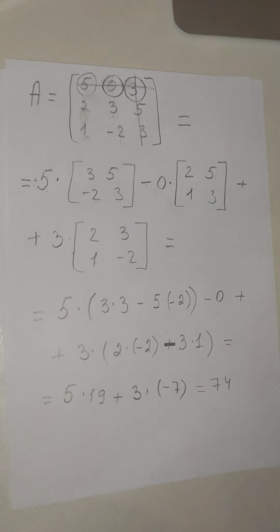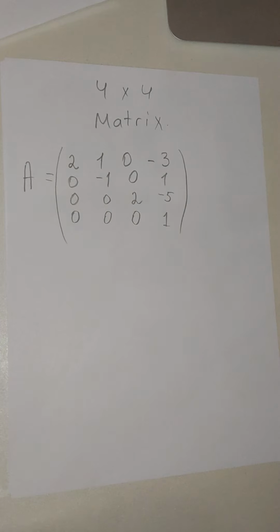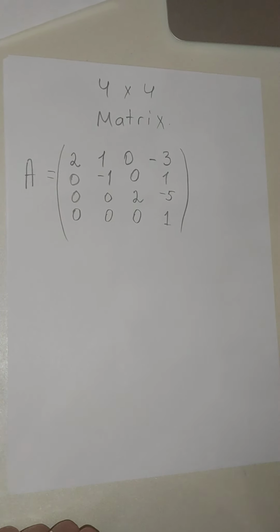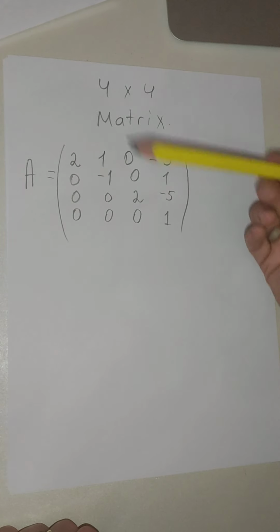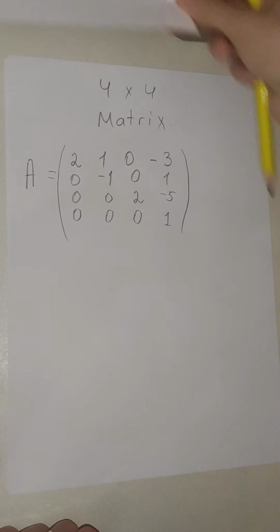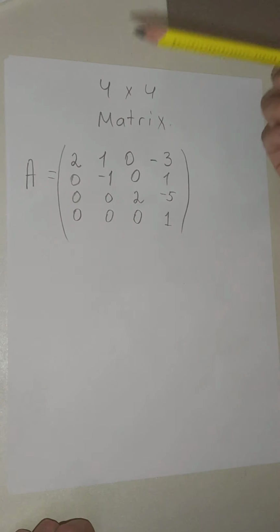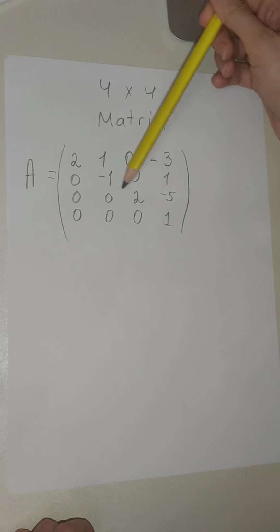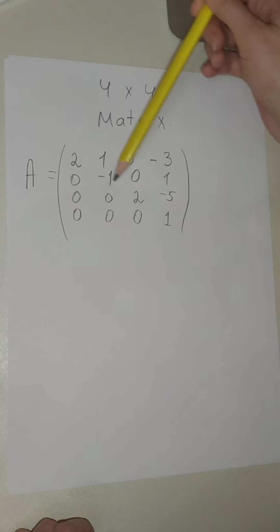But what about a 4 by 4 matrix? If we want to find the determinant of a 4 by 4 matrix, we either can use the above operation, or another way is finding the multiplication of the diagonal elements.